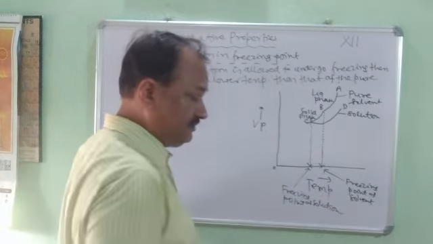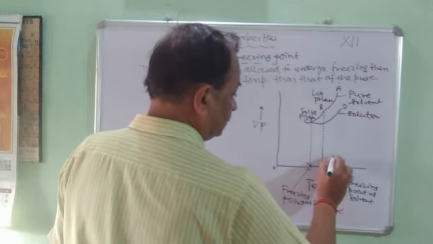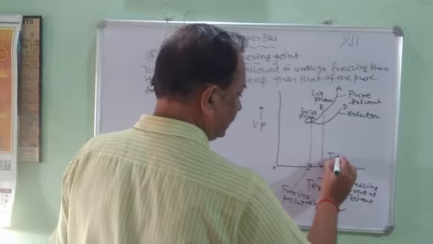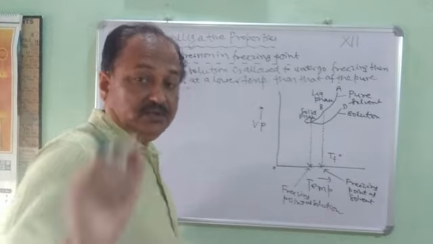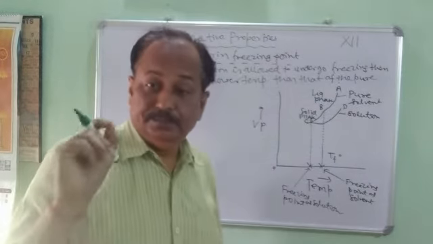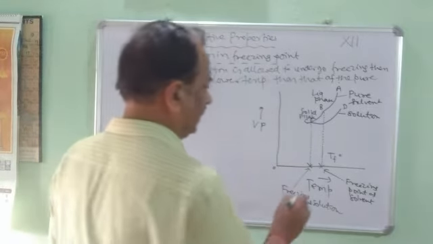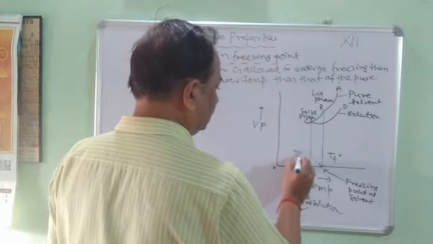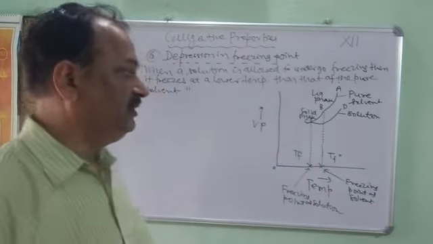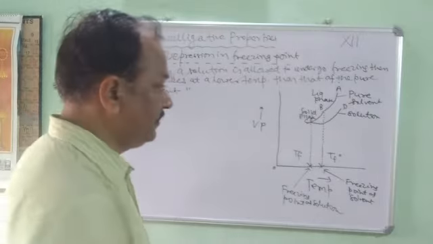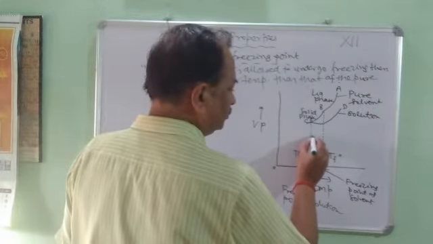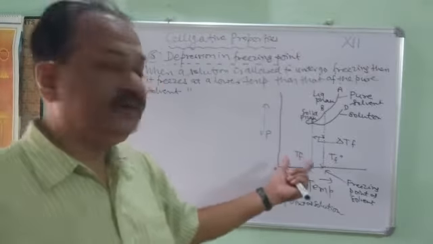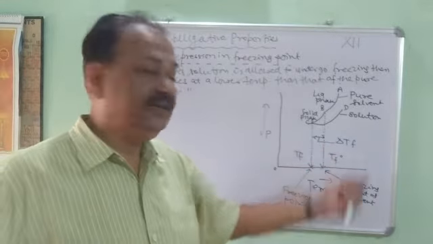Now this freezing point of the solvent will be called Tf naught. Naught indicates the pure state, and this is the freezing point of the solution. Tf is the freezing point of the solution, and the gap between the two, the difference between Tf naught and Tf, is called delta Tf.